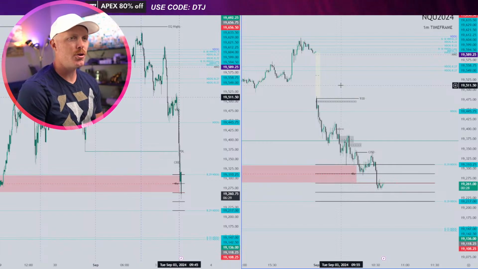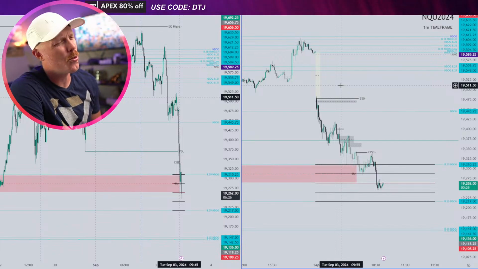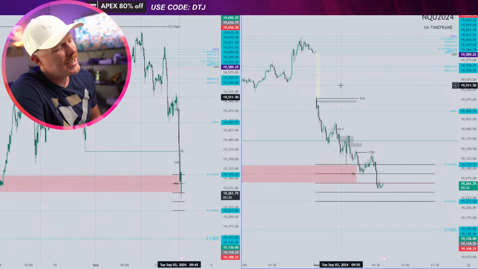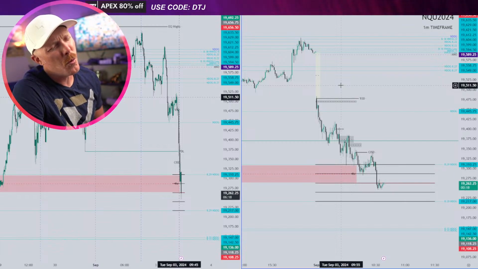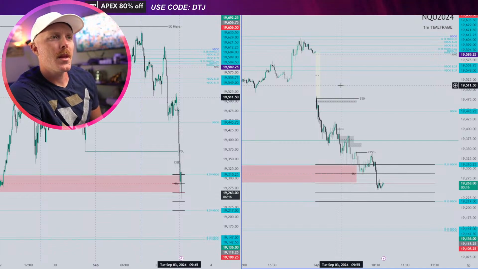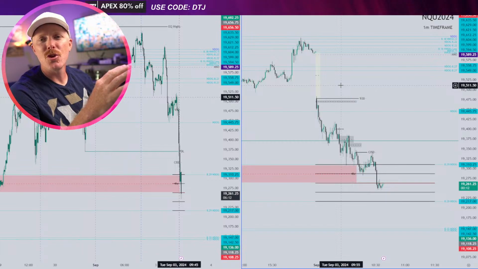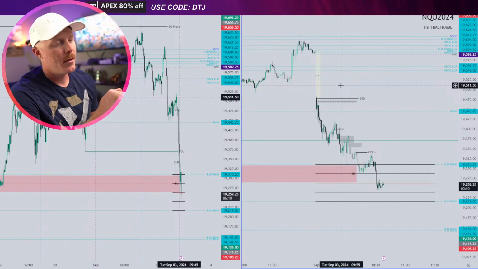Oh man, when you get those moves, guys, when you get the big move, when you get that trade, it makes all of the waiting worth it. Not only does it make it worth it, man, you feel like a champ.